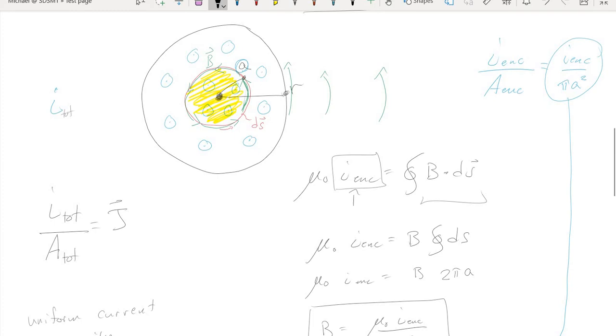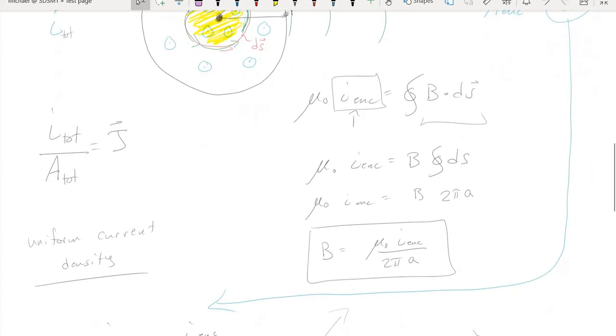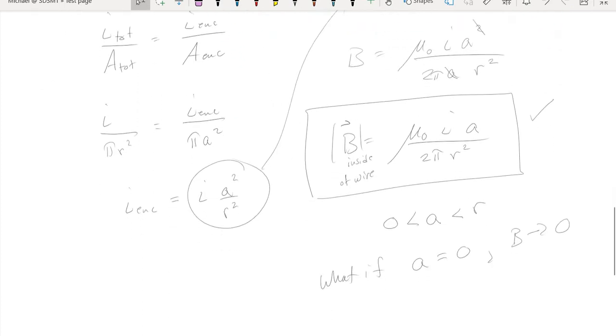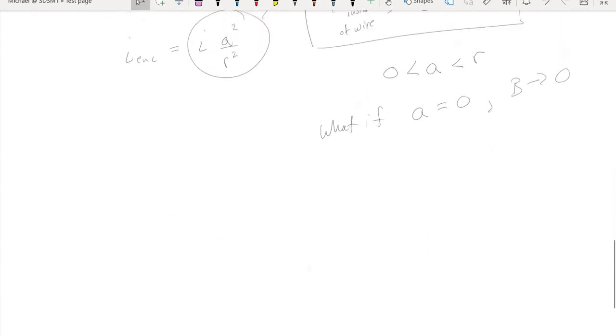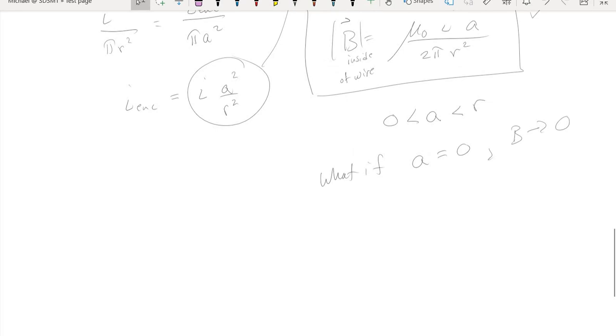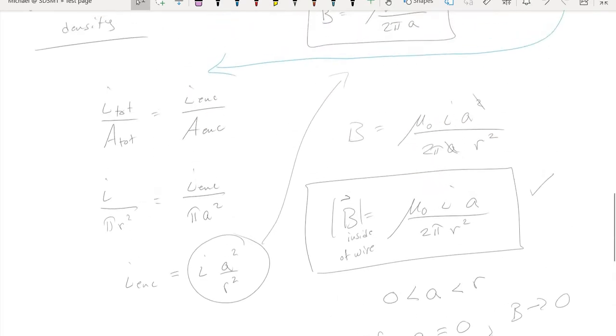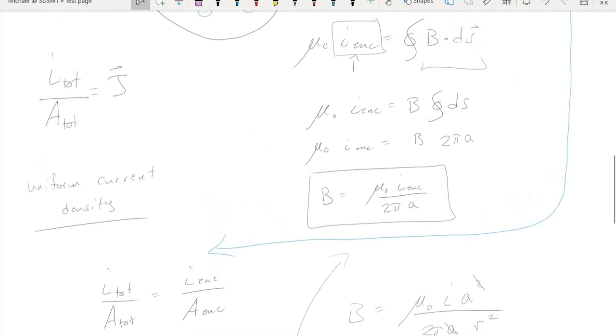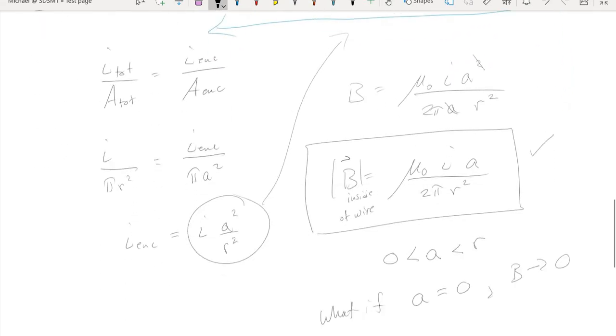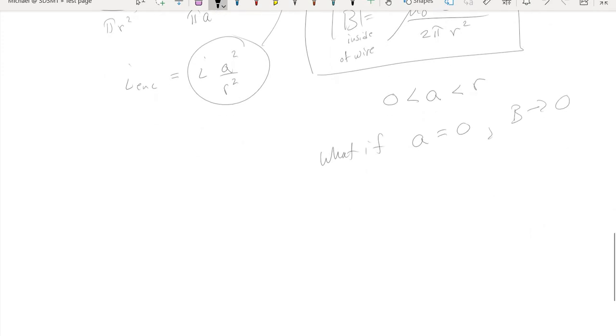That's because at the center of the wire, we could either argue that there's no current to enclose by an Amperian loop, or a better argument would be that the length of the Amperian loop to surround a single point is 0. And so our magnetic field would be 0.